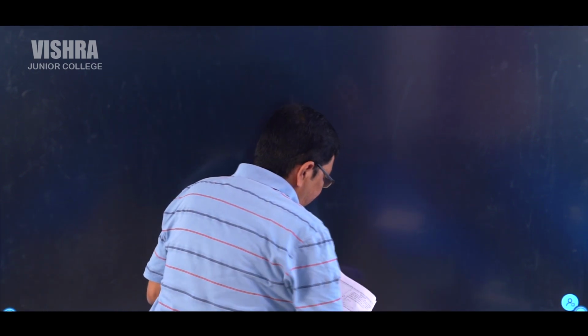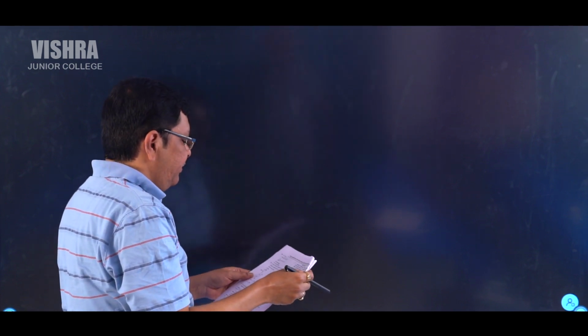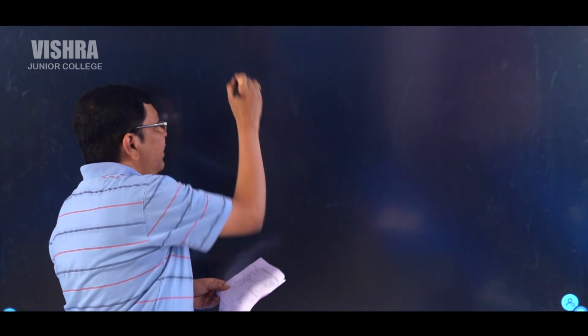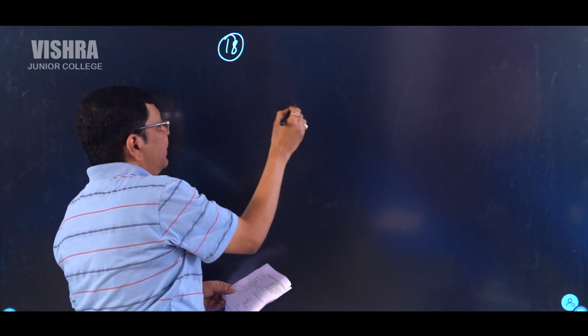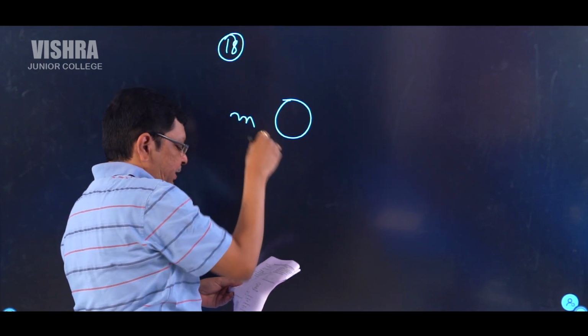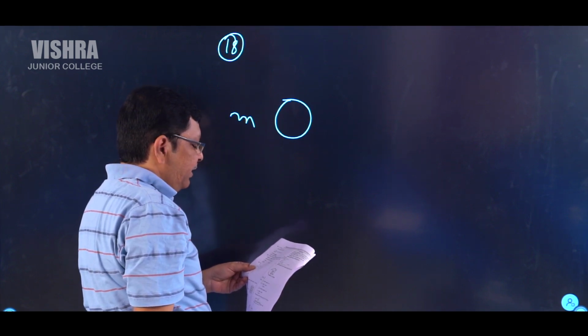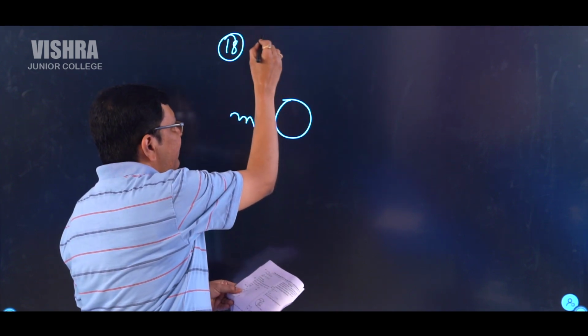In the next question, it is related to viscosity, that is, properties of liquids. A body of mass m is dropped in glycerin, in a certain medium, until it achieves a constant velocity.